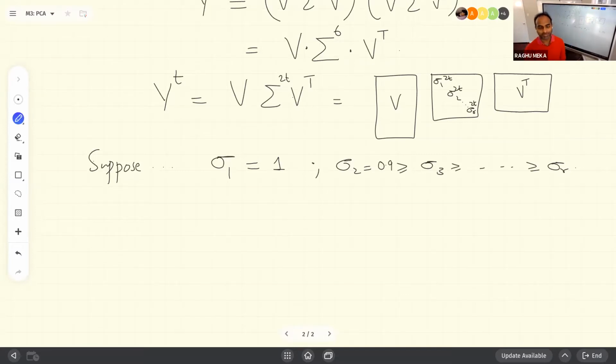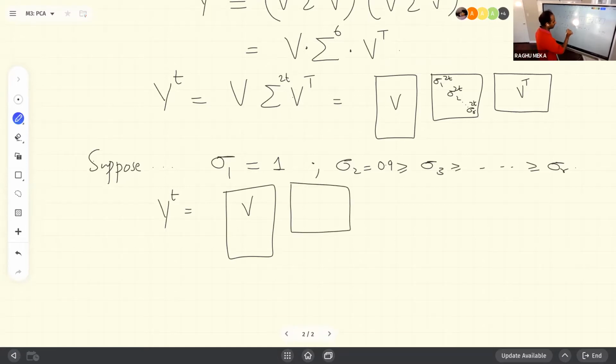Okay. So the 1 and 0.9 are not important, but you should think of I'm saying sigma 2 is 90% of sigma 1. Once I go to the next singular value, there's a drop of 10%. Now, what happens when I raise these things to the higher power is I get V, and the first one stays 1, but everything else is becoming small at an exponential rate.